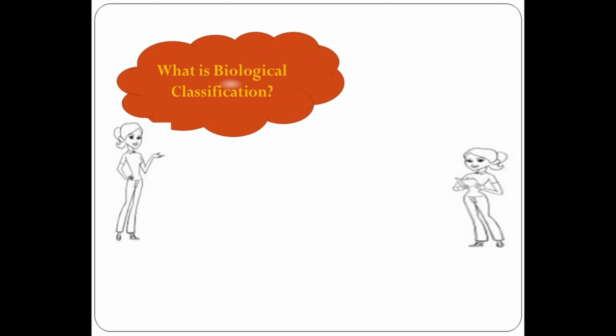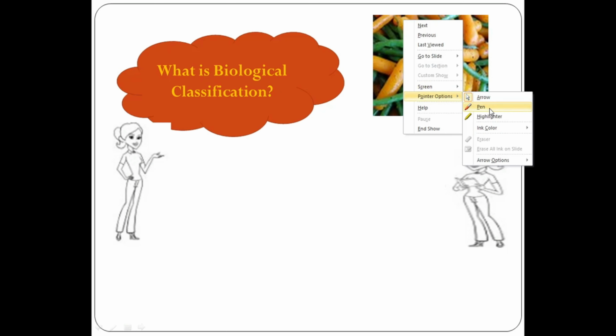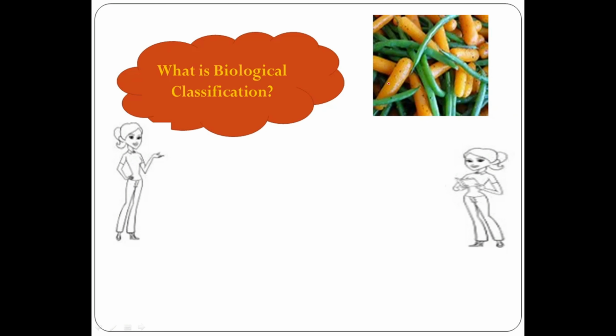Okay, so consider this example. Here there is a mixture of some vegetables. Looking into this, we can say this is a carrot and this is a beans. If someone asks you to make a separation between these two, you will group these depending upon their external characters.